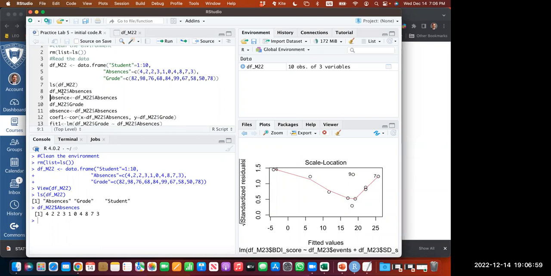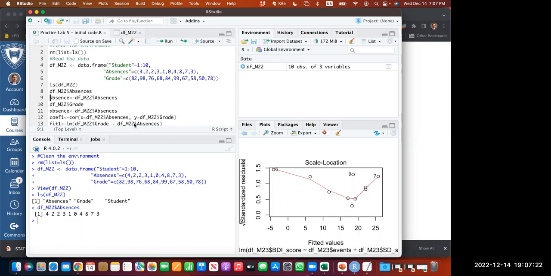With the $ sign, you extract specific variables in your object. So this is your data set, and you run a specific variable in your data set. If you do DFM22 $ absences, you extract only that variable from your object.